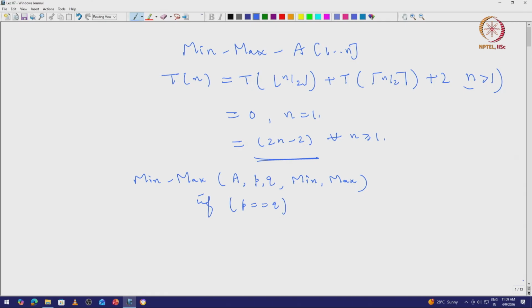In this case, min equal to A[P], max equal to A[P], return min and max. This is the case when you have only one element. When you have one element, it is a base case directly solved. No recursive call is needed.